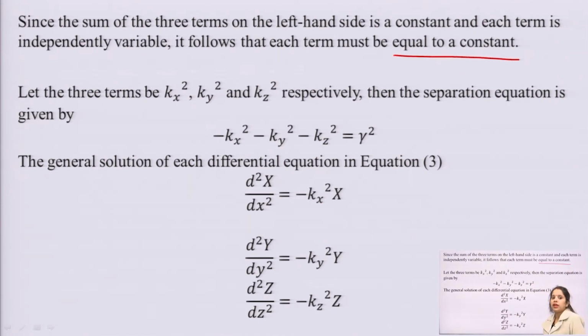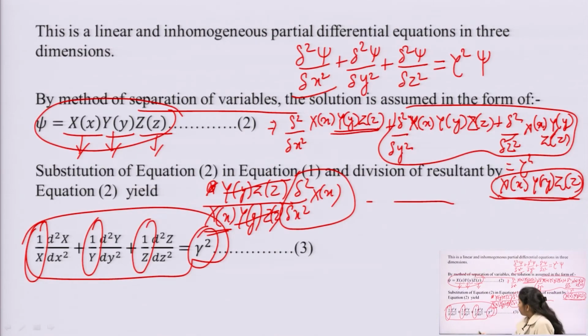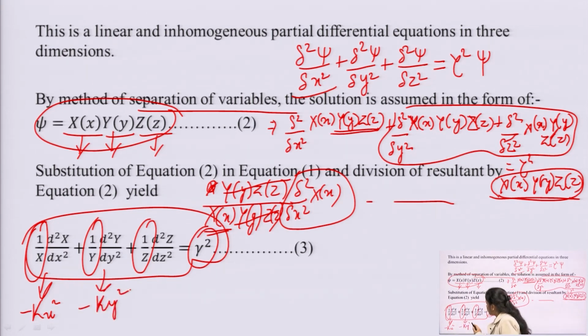So, what will be the 3 terms now? kx, ky, kz. So, what we are saying is that 1 by X d square X by dx square is equal to minus kx square, and this will be equal to minus ky square, and this will be equal to minus kz square.